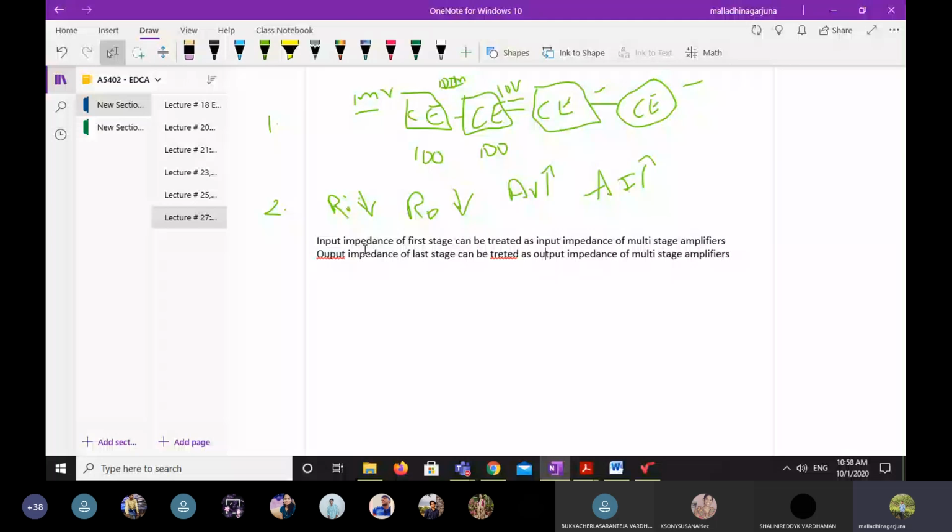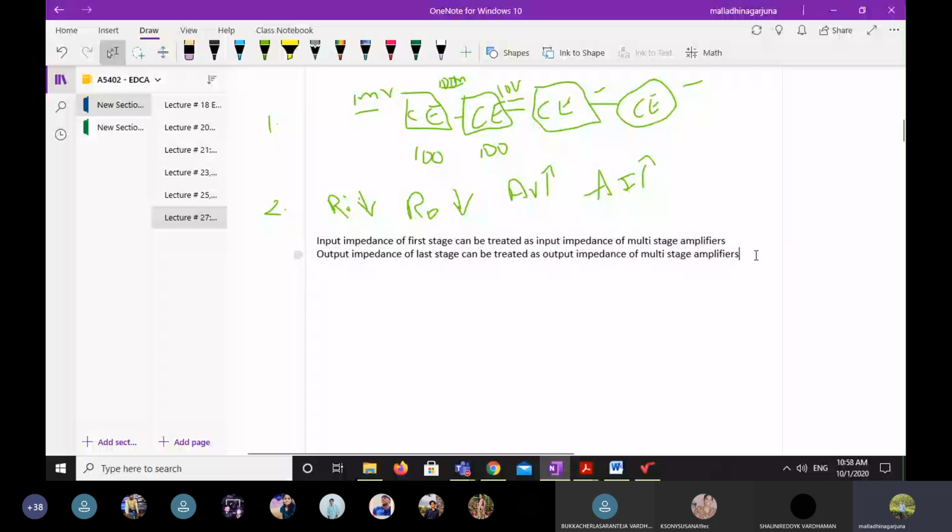So the input impedance of the first stage is nothing but the input impedance of the multi-stage amplifier. Output impedance of the last stage is nothing but the output impedance of the multi-stage amplifier. These are the fundamental rules.